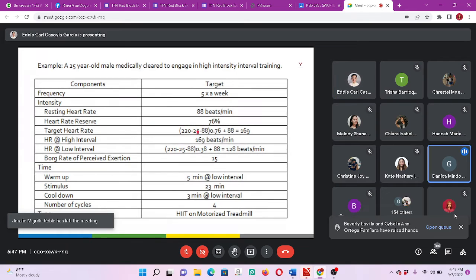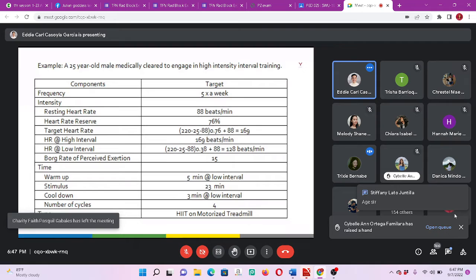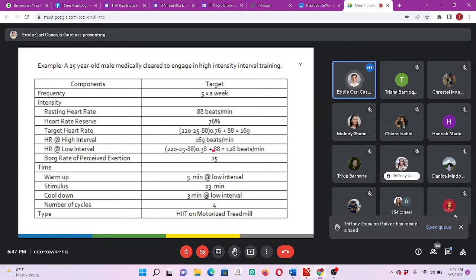Again, because of the young age. Yes, very good. Age. So the constant number here is only the 220. And then you minus your age, minus your resting heart rate, which I do not know.